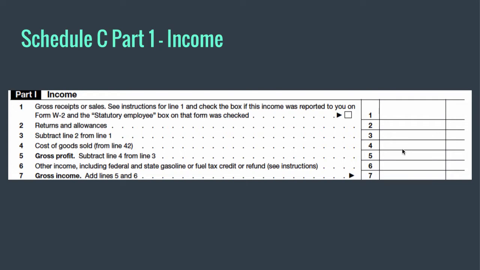So you're not going to manually enter anything there. There are some funky credits and other weird types of income that you could have received, so that would go there. And then all of these added up is what's going to go on line 7. So line 7 is the subtotal of all your income.